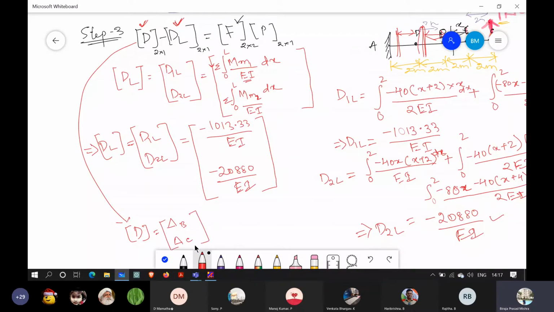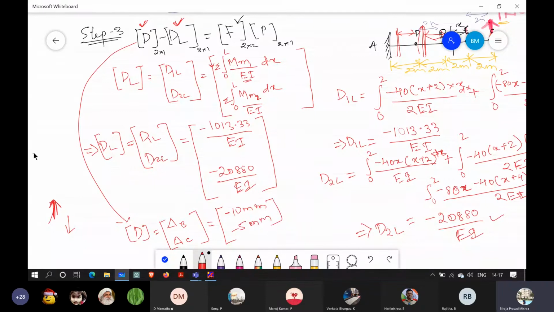So this is the sinking value, and how much the sinking is, is given in the question. The supports c and d are sinking by 10 mm. We are taking the upward direction as positive. If the support is sinking, it is going down, so I am considering a negative sign here. Minus 10 mm and minus 5 mm.